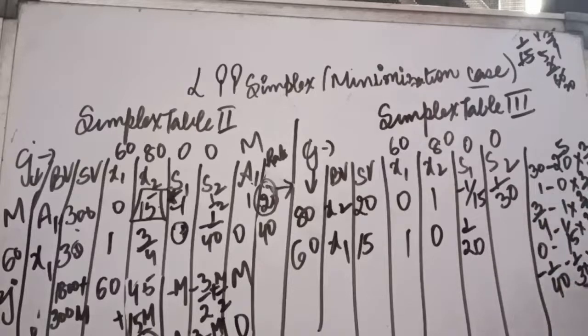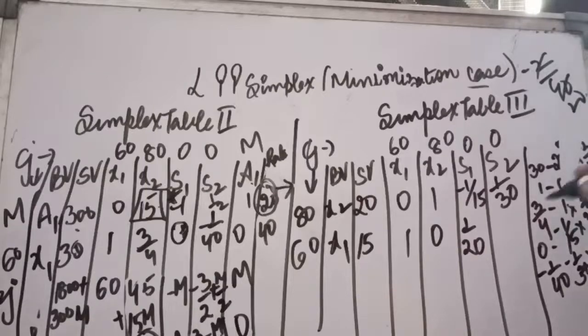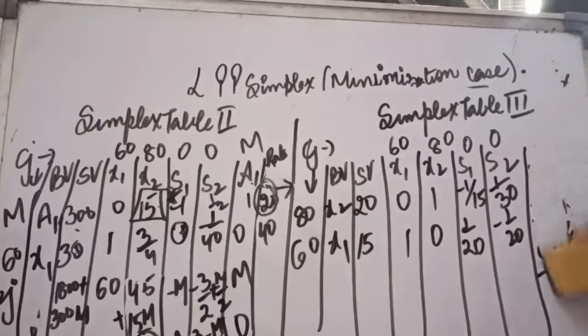And the last is minus 1 upon 40 and minus 1 upon 40. So this comes out to be minus 2 upon 40. So this will be minus 1 upon 20. So calculations have been made. The index row is also there with us.